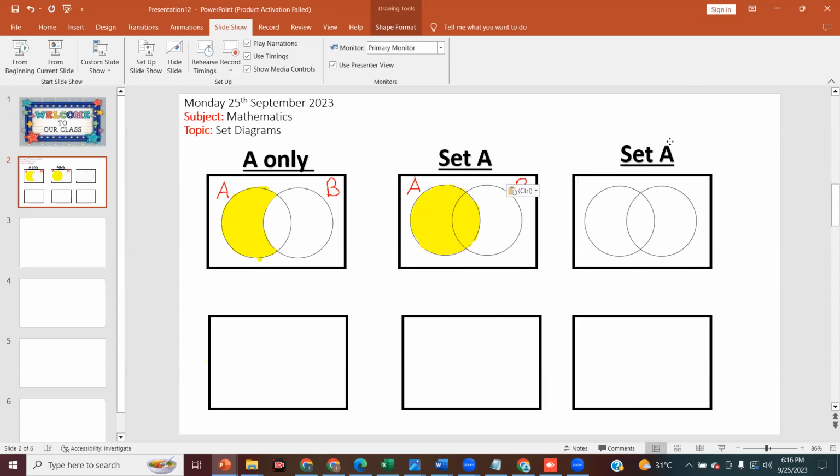So B only is going to be all of B, but do not include the intersection.